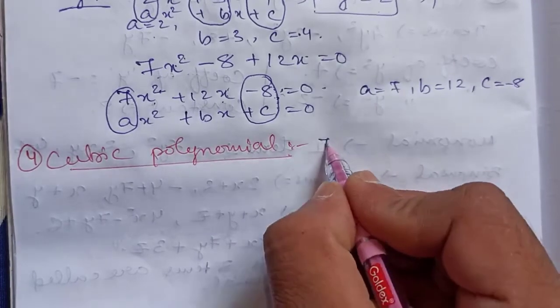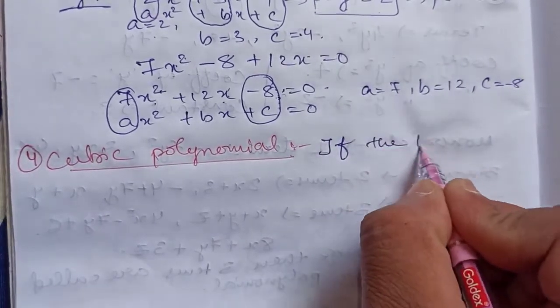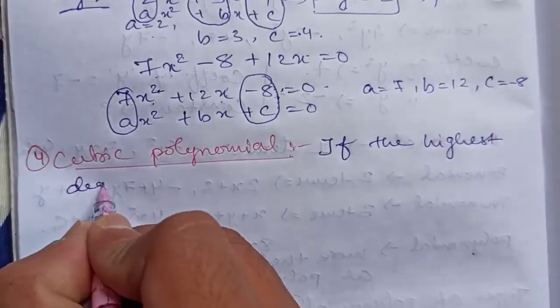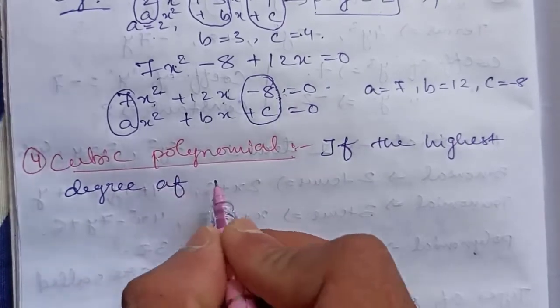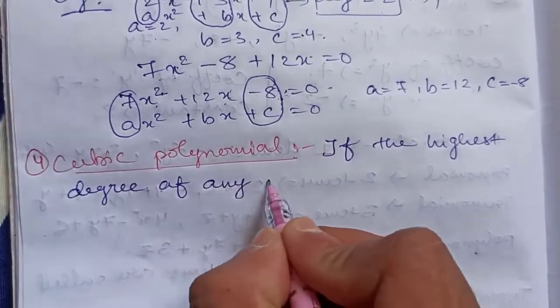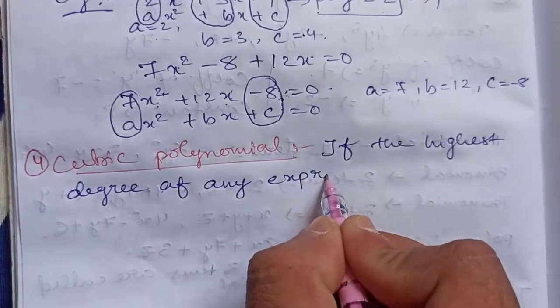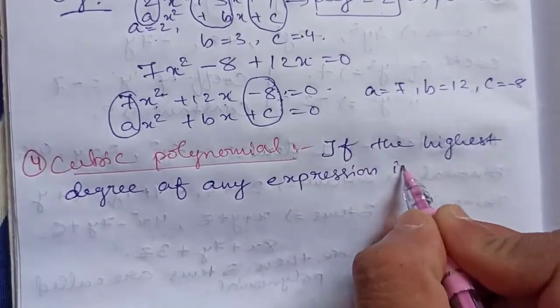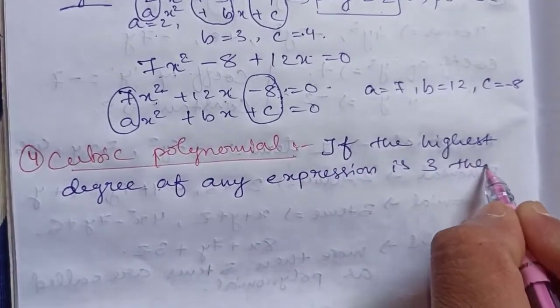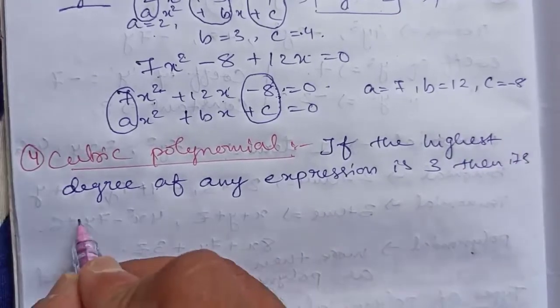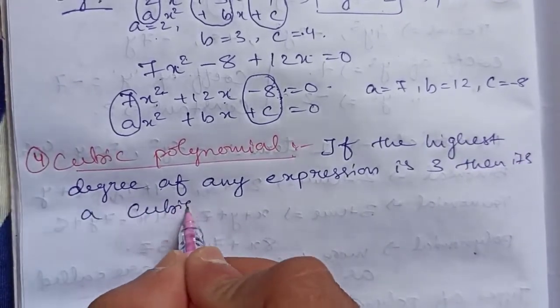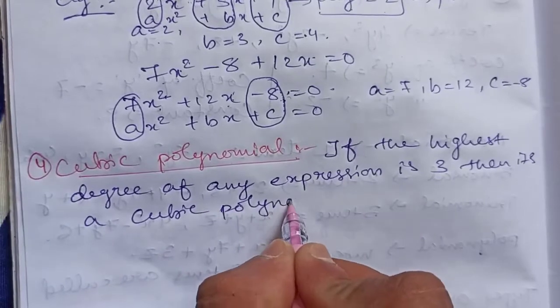Okay, next is cubic polynomial. What is cubic polynomial? If the highest degree of any equation, of any expression is 3, then it is a cubic polynomial.